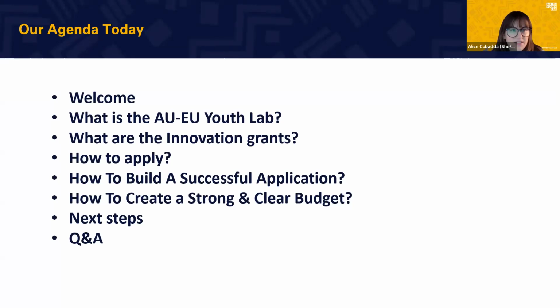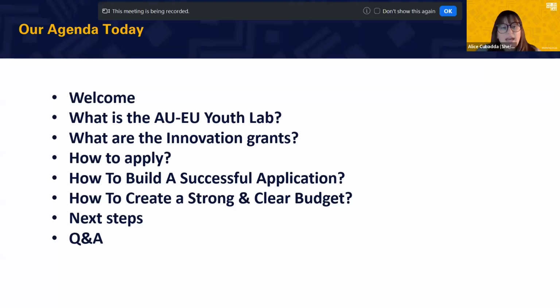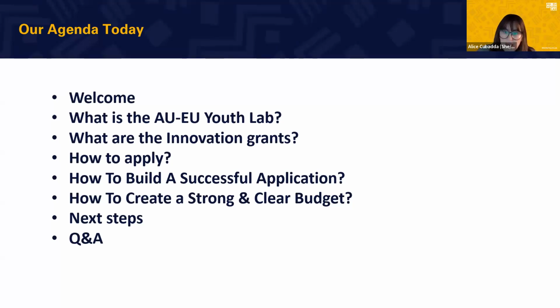So this is today's agenda. First, of course, welcome. We're going to go through what is the AUEU Youth Lab, to give you a bit of context. Then we're going to dive, with my colleague Rose, who's here as well. She's our grant coordinator. What are the innovation grants? Then we're going to go through how to apply.